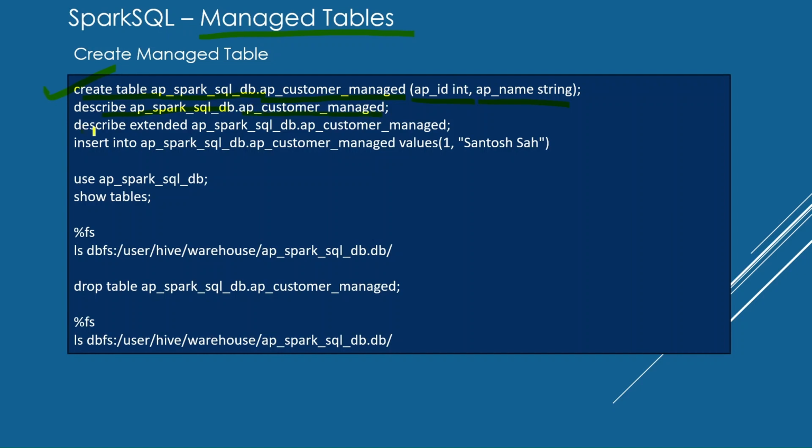We can also see extra metadata associated with this table. We will insert a record in the table with an insert command. We can see the total number of tables associated with this DB. We have done it in my previous example. If you want, you can do it. Otherwise, I am going to skip it because I have done this in my previous video.